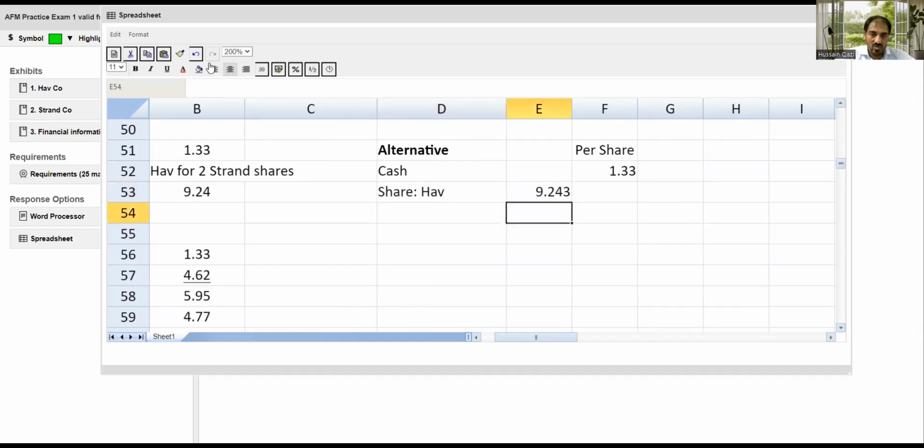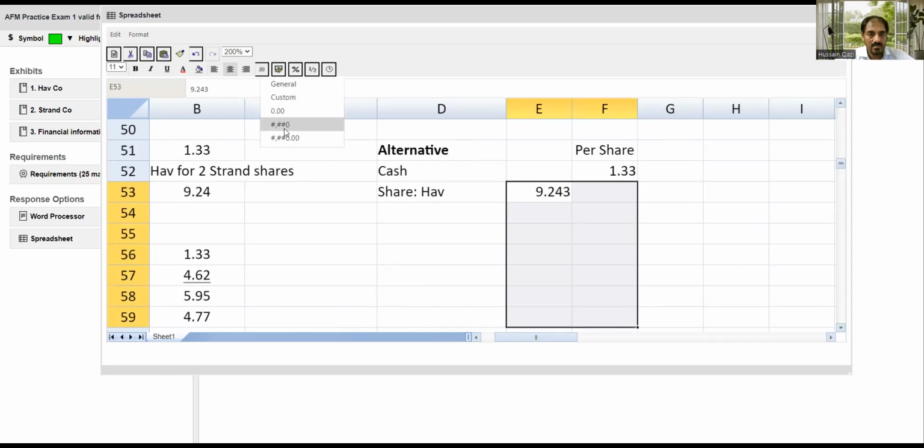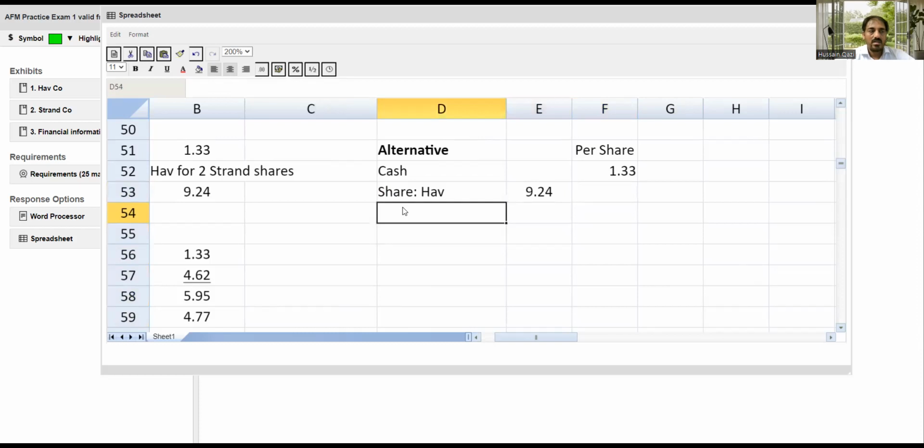That's a value of 9.24. But if they accept one Have share, they will sacrifice against shares 2 shares.